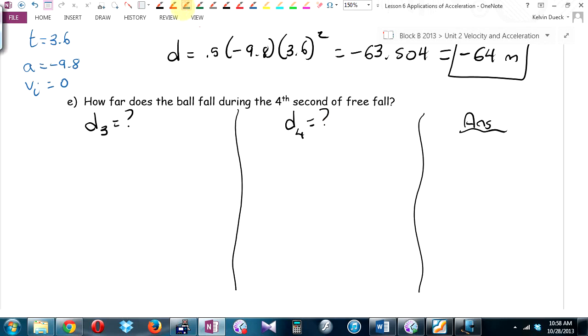Let's go back to D3. What do we know? For both of them, we know acceleration is negative 9.8.